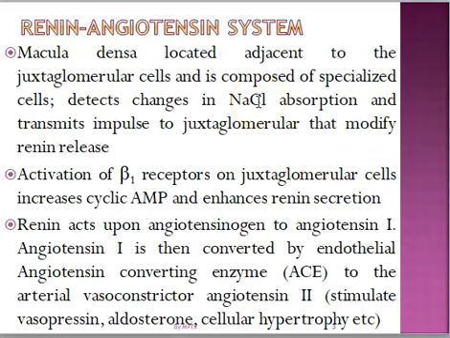Now, of course, we know that before we can talk about antihypertensives, we have to first explain what is the renin-angiotensin system. The macula densa located adjacent to the juxtaglomerular cells is composed of specialized cells that detect changes in sodium reabsorption and transmit impulses to the juxtaglomerular body that modify renin release.